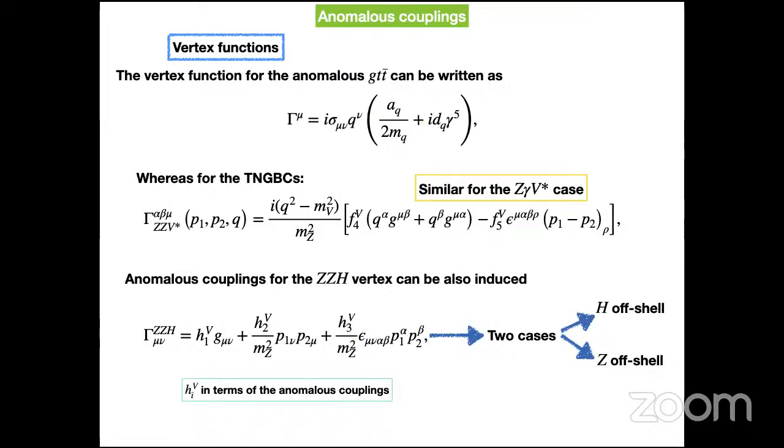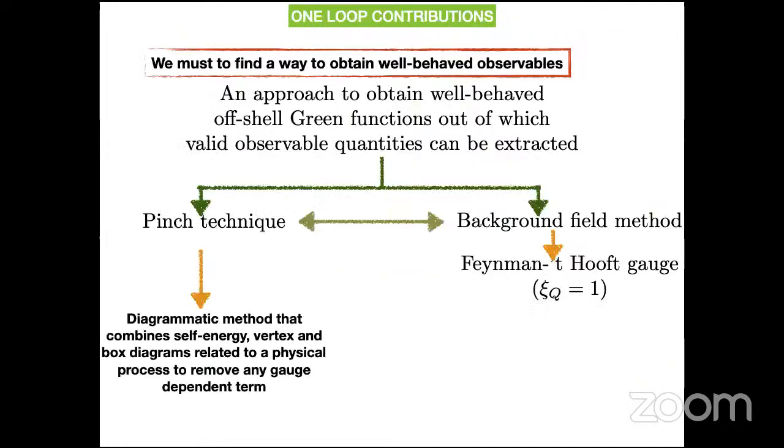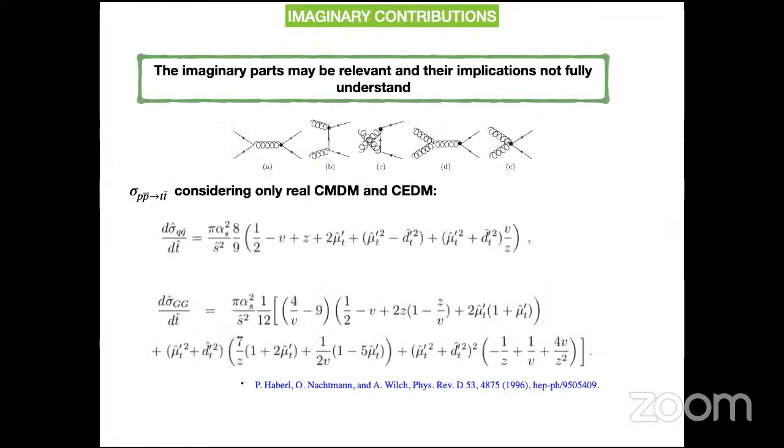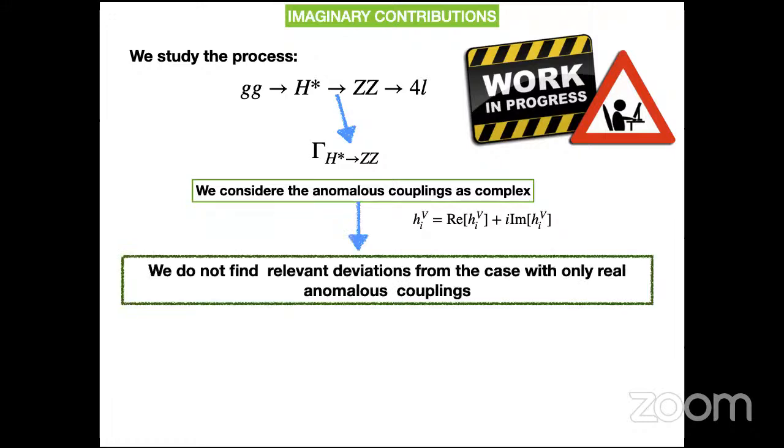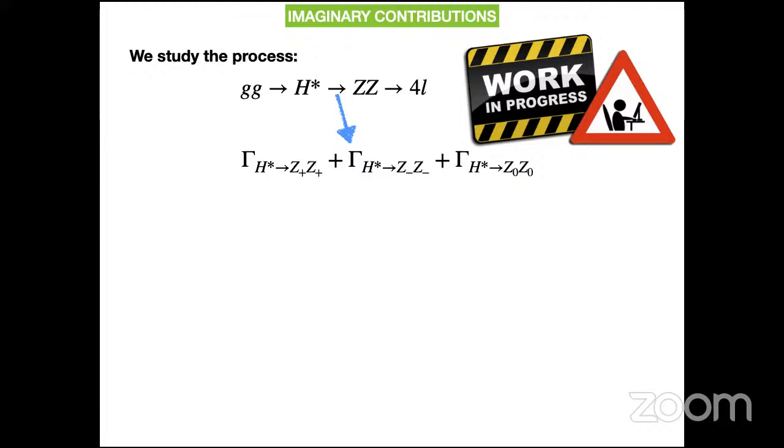So I write the anomalous couplings in terms of the real and imaginary parts, because I think they are complex for the case of the off-shell Higgs boson. Again, we do not find any relevant result, but once again, it is not the end of the story.